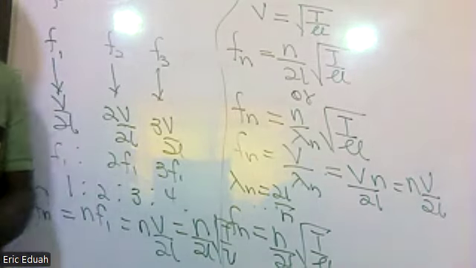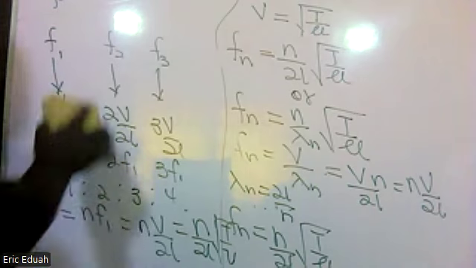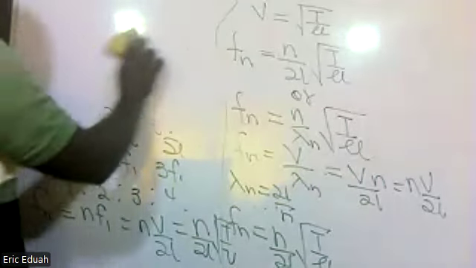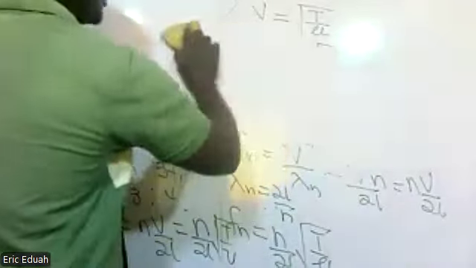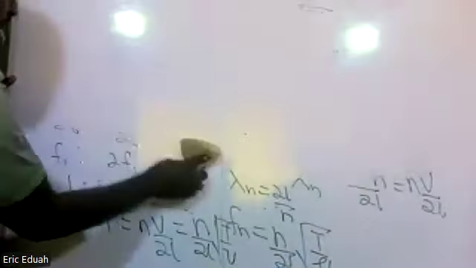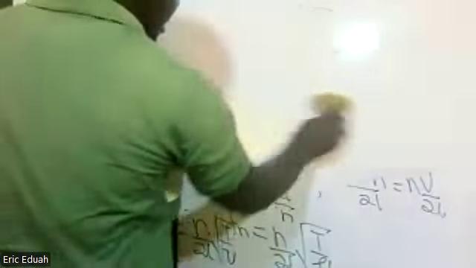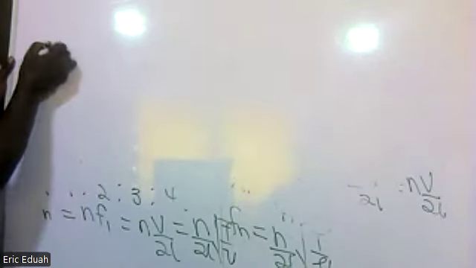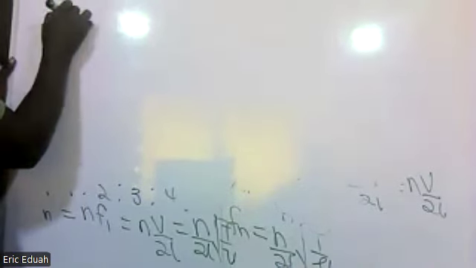Then we also observe that for the nodes or the loops or the stationary waves, there is a portion where the string must be plugged to give you a certain harmonic. And this relationship is given by blocking distance from one end.